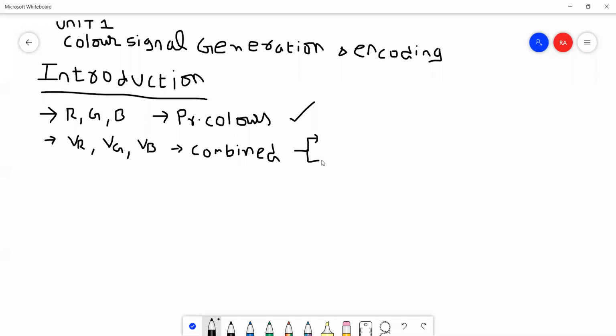Two equivalent signals should be formed. One is the brightness signal.